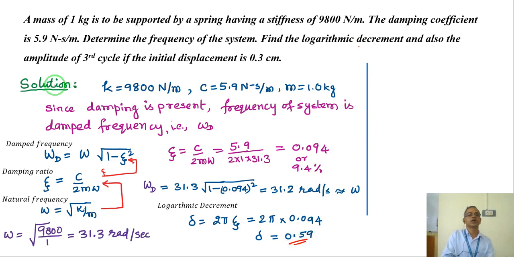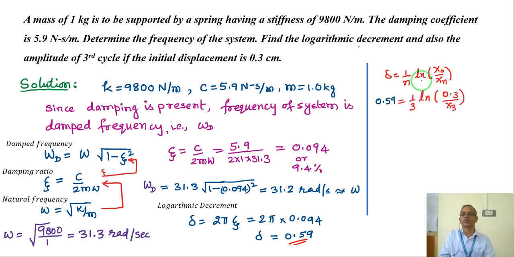And since he is asking the amplitude of the third cycle, I have a relation of logarithmic decrement with the amplitude of different cycles, which is delta equal to 1 by n ln of x naught by xn, because he is asking the third cycle, and I know the initial displacement 0.3, so x naught is known to me. So substituting here, xn will be the nth cycle, which is the third cycle amplitude.